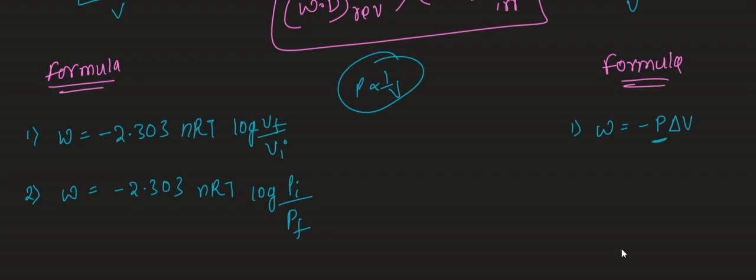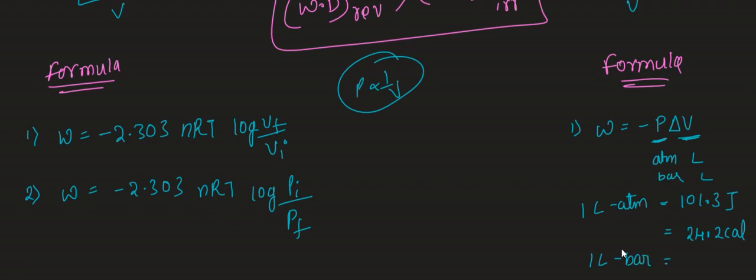One more thing regarding units: if you take pressure in atmosphere and volume in liter, then 1 liter atmosphere, which is a work done unit, equals 101.3 joules, or 24.2 calories. If you take bar and liter, then 1 liter bar equals 100 joules. I hope you understood.